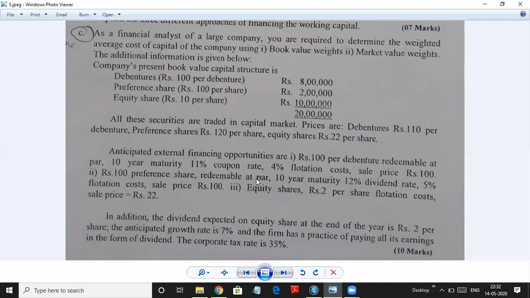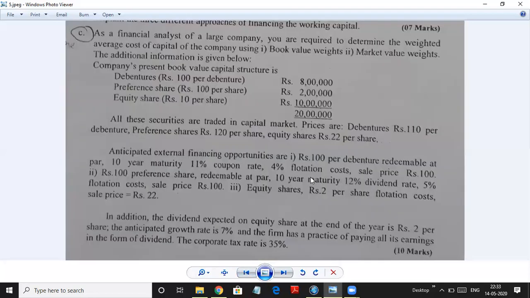At par means you're not paying more. 10 years maturity, so time is 10 years. 12% dividend, so on 100 rupees, 12% comes to 12 rupees dividend. 5% flotation cost and 100 is the sale price. So 100 rupees face value minus flotation cost 5% on 100, that is 5 rupees. So you get net proceeds as 95.